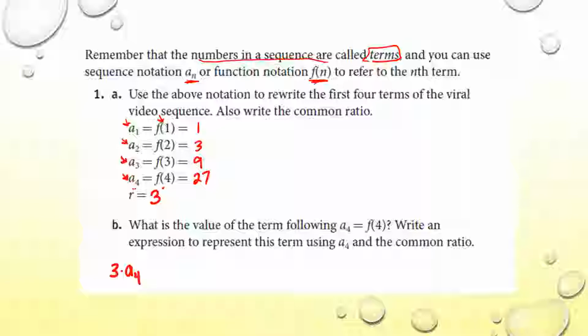So 3 times a sub 4, and if we look back at 27, it would equal 27 times 3, which is 81. So 3 times a sub 4 would give us 81, and that would be the fifth term, right, because it's the term after a sub 4.